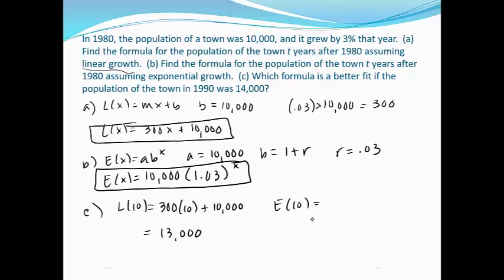Our exponential function evaluated at 10 is 10,000 times 1.03 to the 10, and plugging that into our calculator, we get approximately 13,439. This one is closer to 14,000, so the exponential is a better fit.